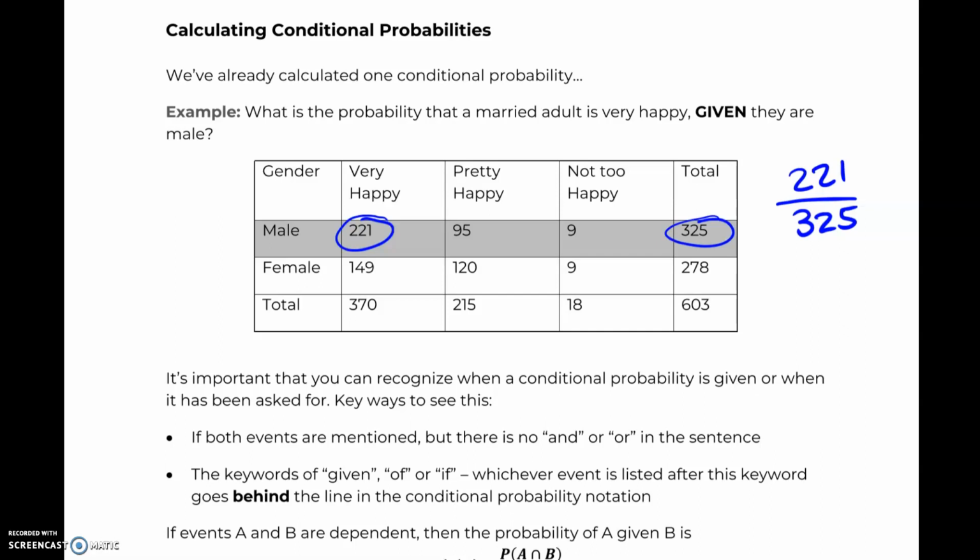Really important to recognize when we have conditional probability. So remember, when we have marginal probability, we just have one event mentioned. When we have joint probability, we have two events mentioned, and usually they're connected by an "and," or maybe by a "but." We have the probability of male and very happy. That's the joint probability, which would be 221 out of the grand total.